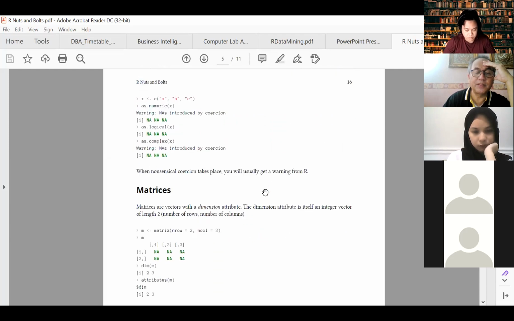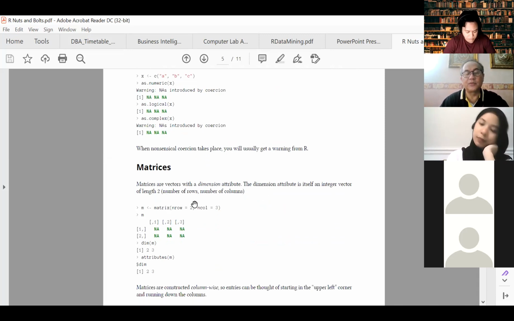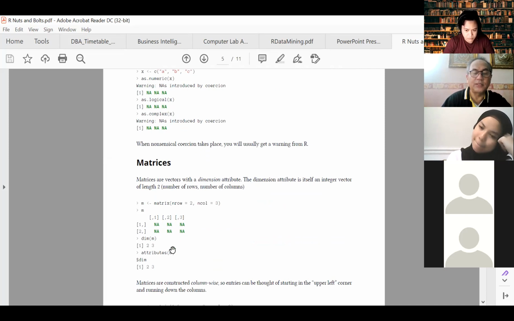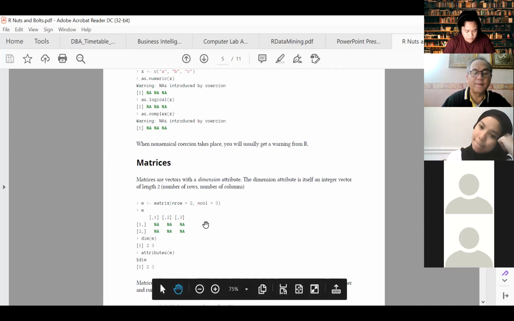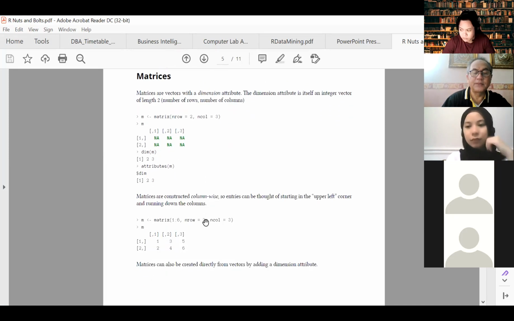And this is matrix. You can give matrix row and column. Number of row 2, number of column 3. So we have column 3, 1, 2, 3, row, and then you can give the attribute dimension. So matrix 1 to 6, number of row 2, number of column 3.